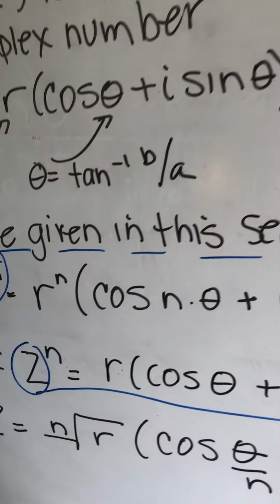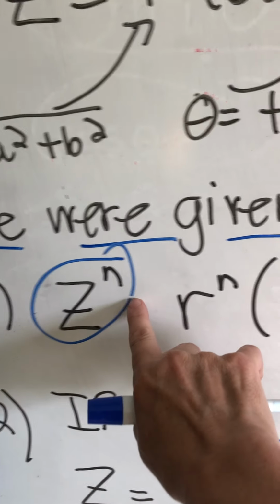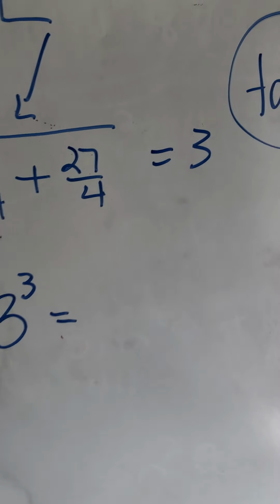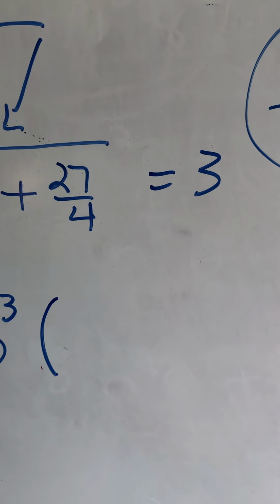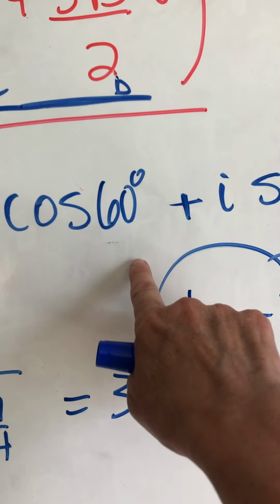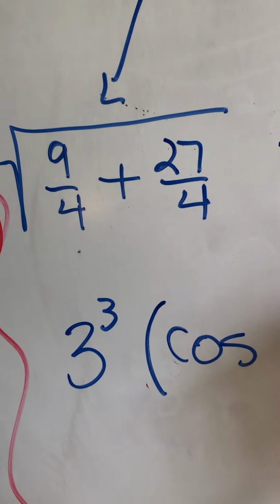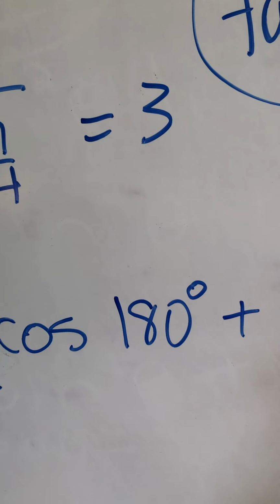Let's go back to our formula. The modulus is raised to the power, and you multiply the angles by the power. So that would be cosine of 60 times 3, which is 180, plus I sine of 180 degrees.